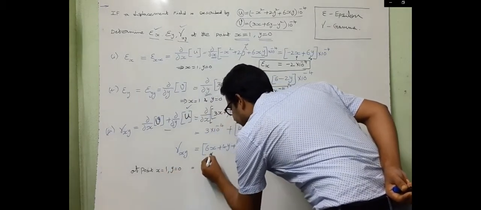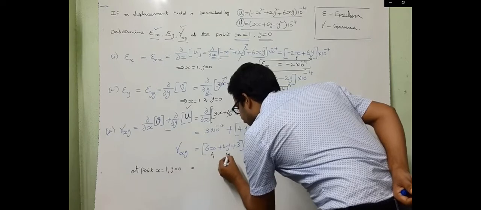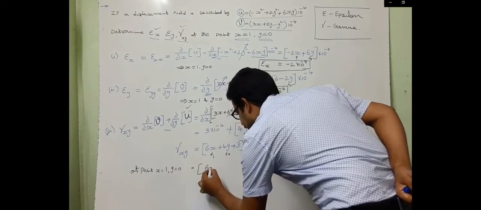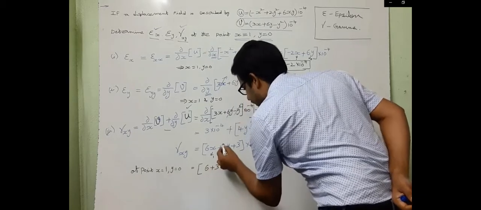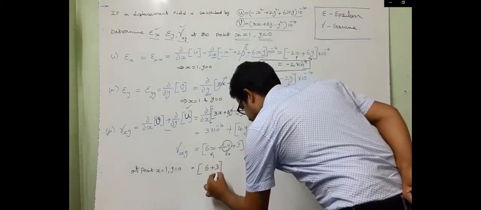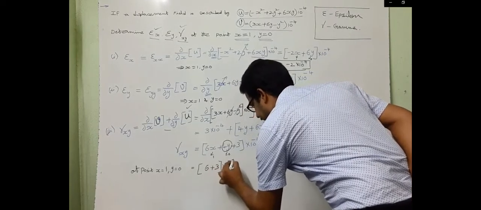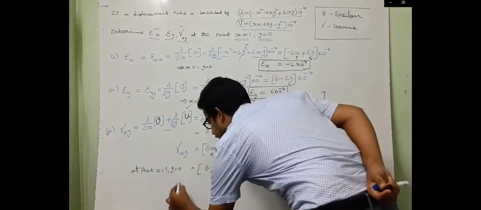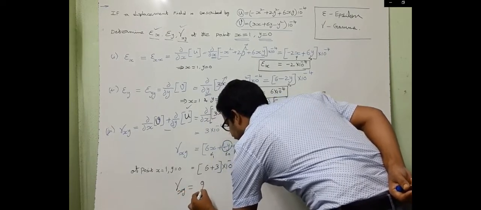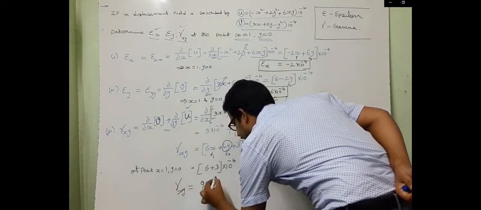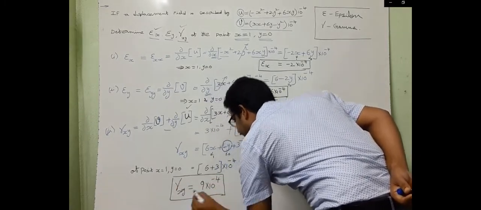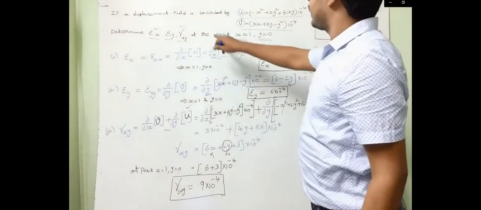So here x equal to 1, y equal to 0, that equal to 6 plus 3 into 0, 0 into 10 power minus 4, that equal to gamma xy is equal to 9 into 10 power minus 4. This is the answer for this problem.